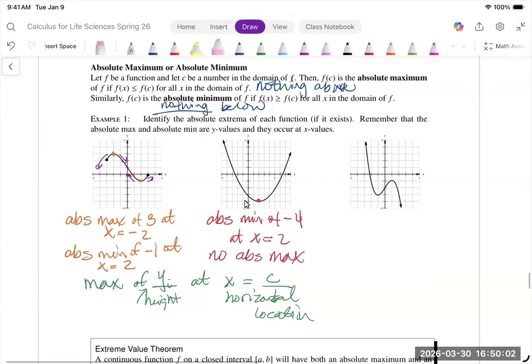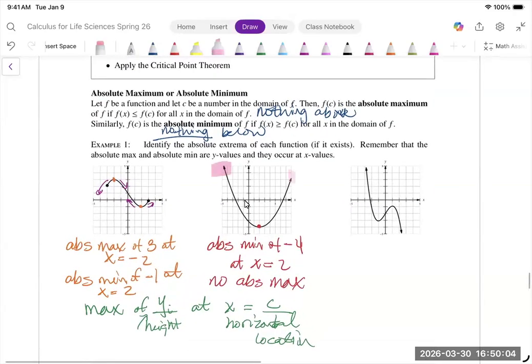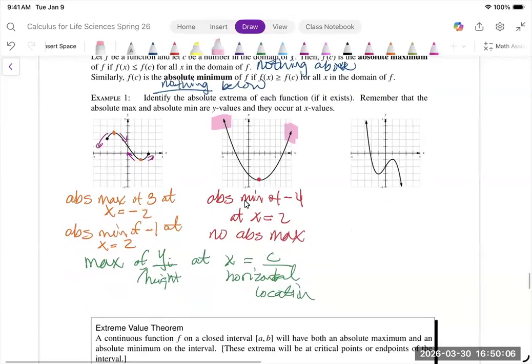The arrows, the fact that it basically doesn't stop going up. Our range is from -4 to infinity, right? So no absolute max because of the arrows. Notice the difference between the arrows and the filled in circles, right? Endpoints versus arrows, endpoints versus positive or negative infinity, up or down forever.